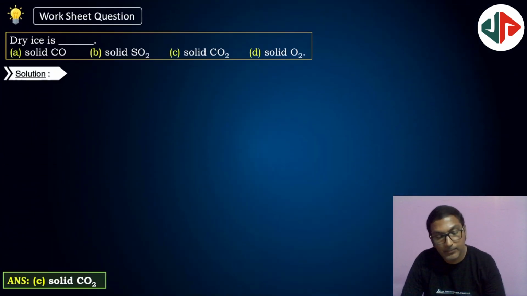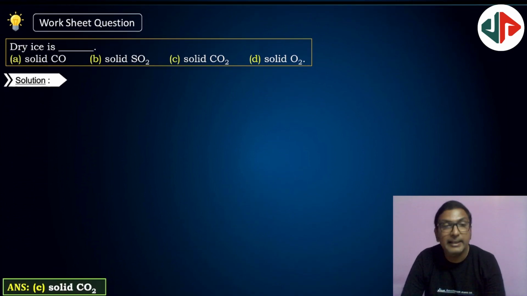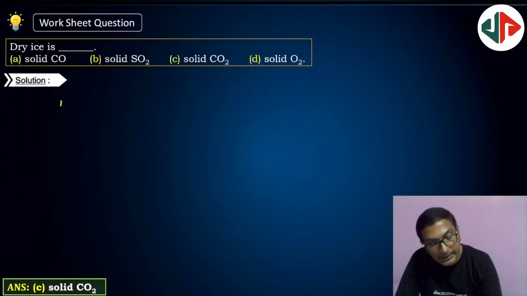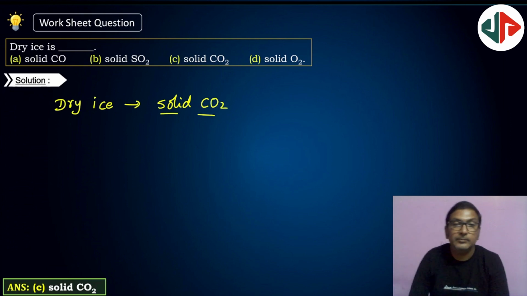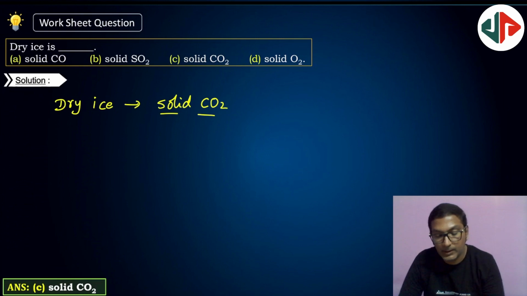Next. Dry ice is solid carbon dioxide. Solid carbon dioxide is dry ice. It can be used for refrigeration purposes, due to its very low temperature.